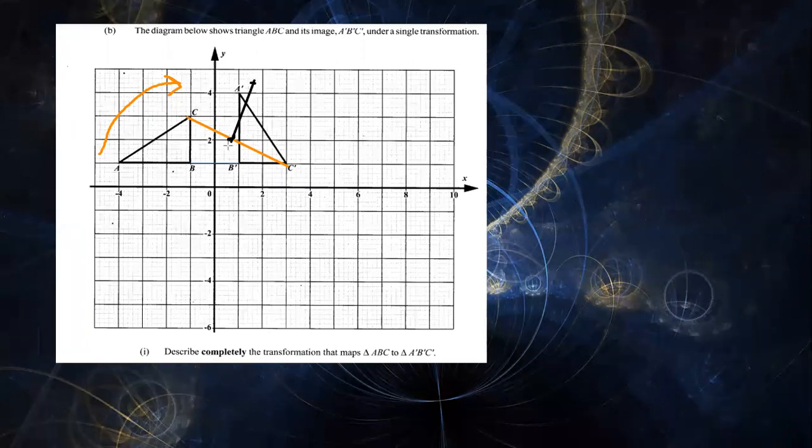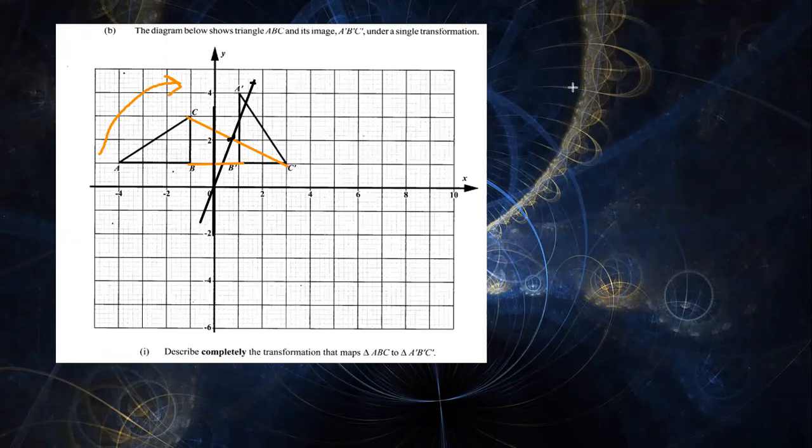And then draw a line coming straight this way. And if you do the same thing from B to B prime, and draw a line coming to the center, that's actually where the center of rotation is. And you can do that if you do an accurate drawing.